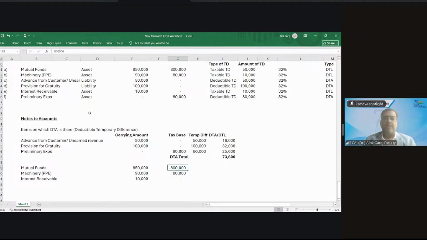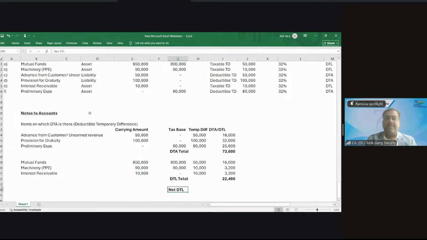Now on these items, DTL is there. DTL total. So what is my net DTL?